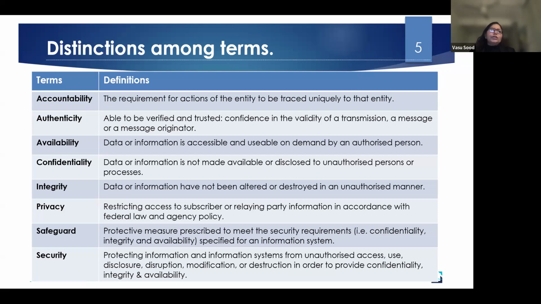If we talk about security, it can be achieved through safeguards that ensure, for example, availability, confidentiality, and integrity. Let's say a hospital uses a secure electronic health record system with the availability safeguard.